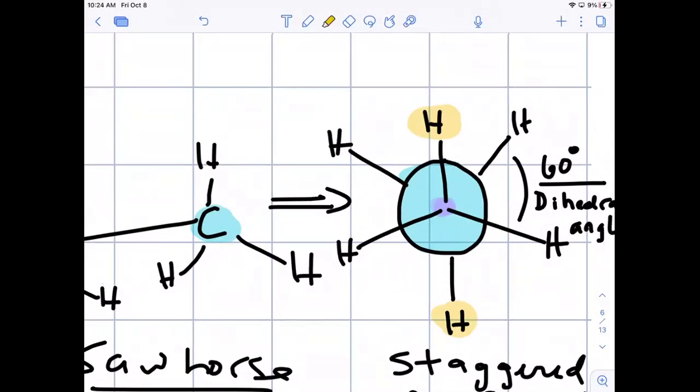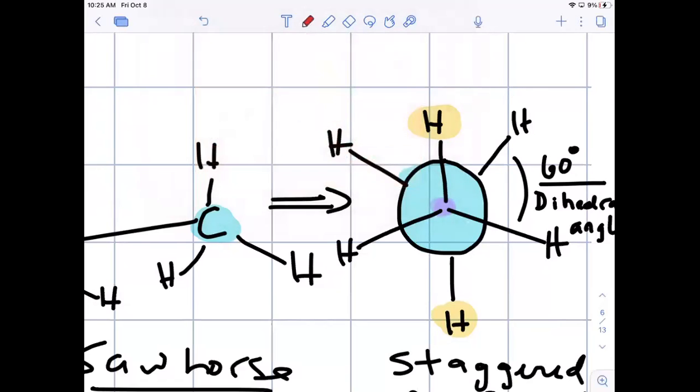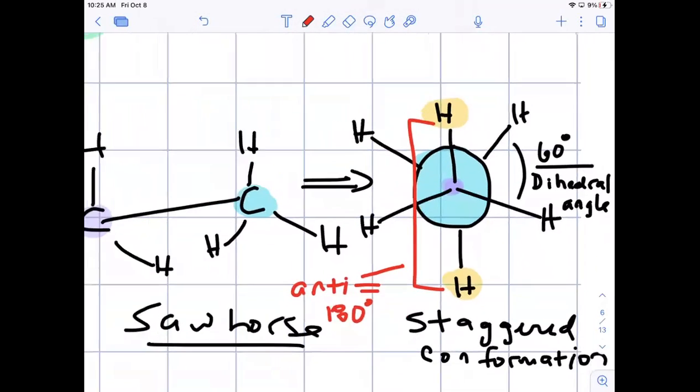So we say that those hydrogens are in the anti position. Those two hydrogens right there, we say that they're anti to one another. So 180 degrees between them.